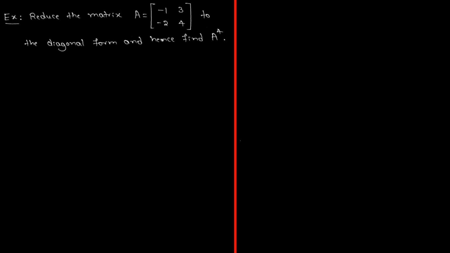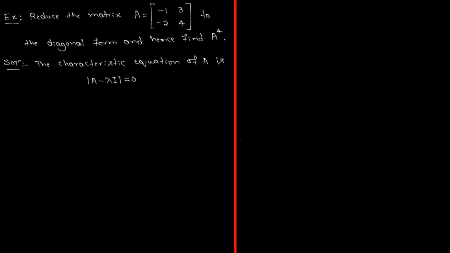Now let us take up a problem. The question is, reduce the matrix A, which is of order 2 cross 2, to the diagonal form. We follow that algorithm to solve this. After finding the diagonal form, they are asking, hence find A to the power 4.